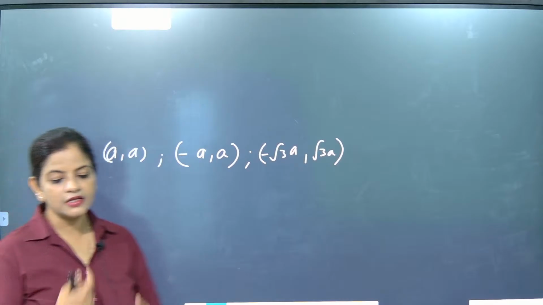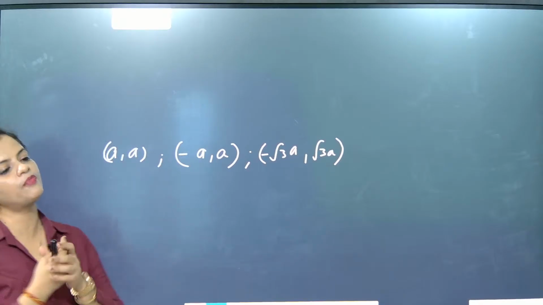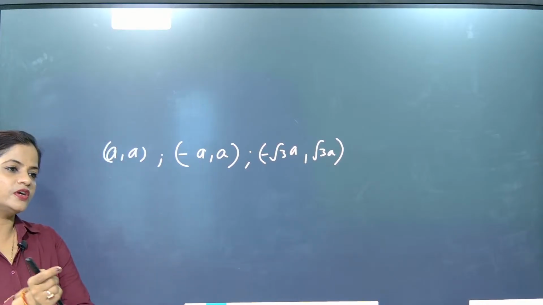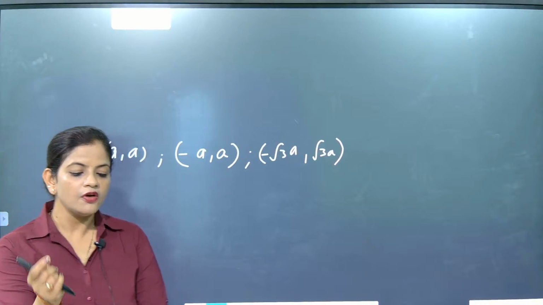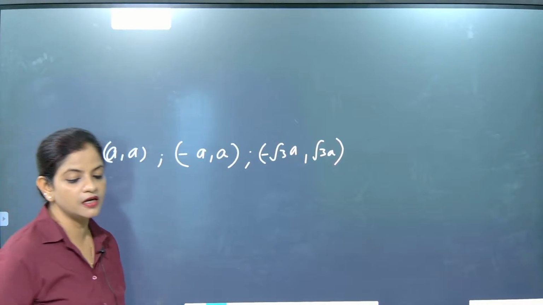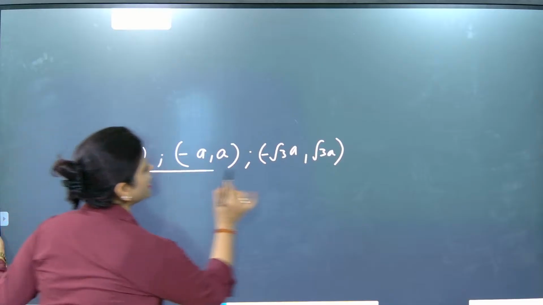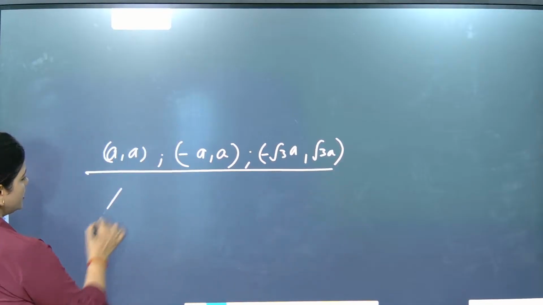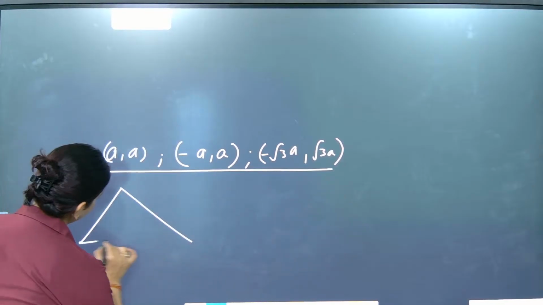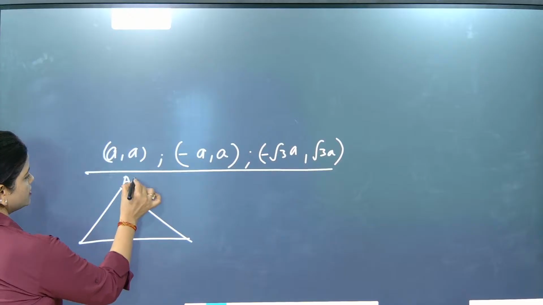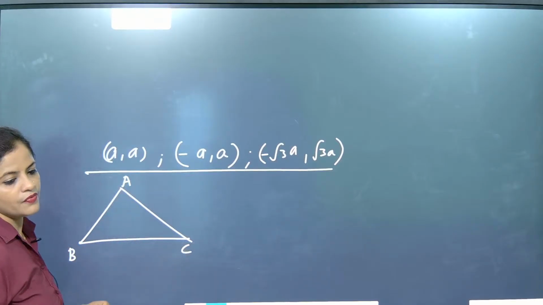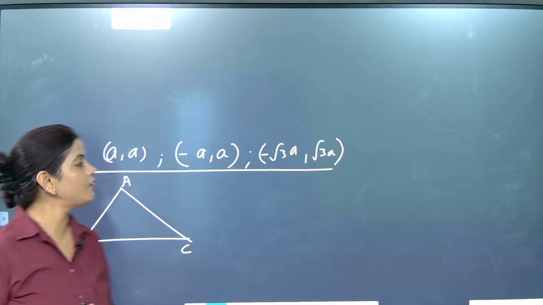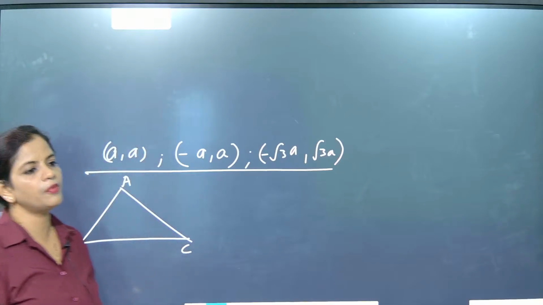They are asking, these are the vertices of which type of triangle? If somebody asks you this, what answer will you give? This is A, this is B and this is C, and we don't know which type of triangle these are the vertices of. Come on, think about it.